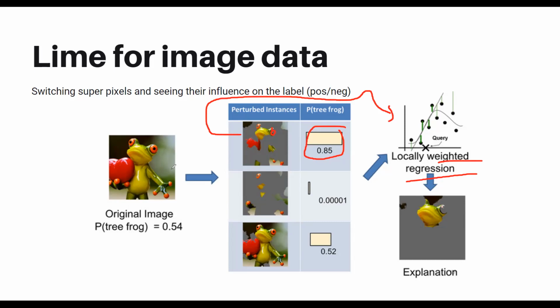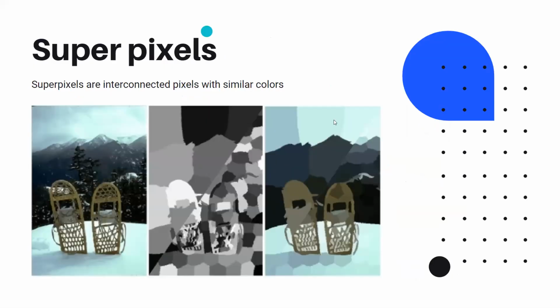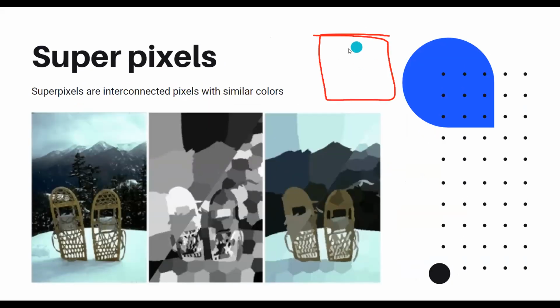What if there is a bird in the sky? There's no problem. So what if there was a bird in the sky here, and we classified this as a bird? Of course, if you remove the bird from the sky, the model is not going to classify it as a bird.